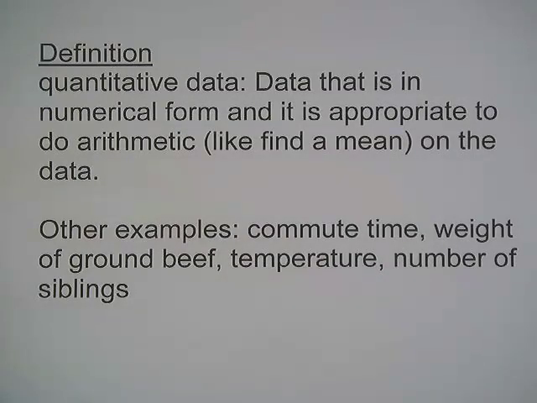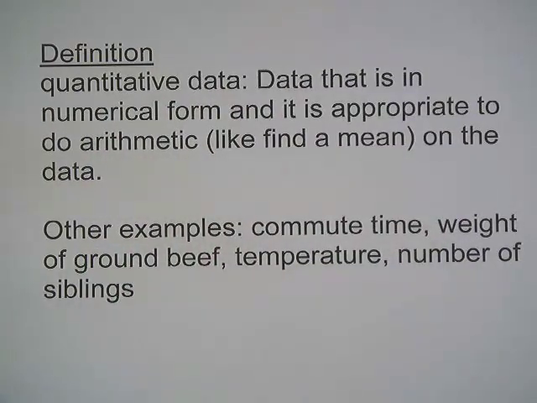Because it is appropriate to do arithmetic on those data values, we can consider that to be quantitative data. Some other examples would be commute time, weight of ground beef, temperature, number of siblings. Those would all produce measurable quantities of something. So these would all be considered quantitative variables that would produce quantitative data.